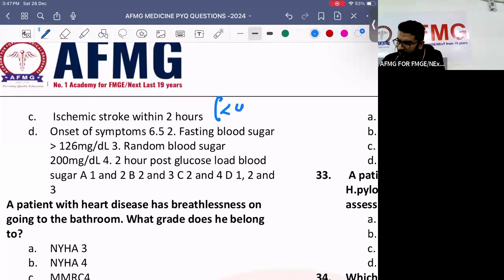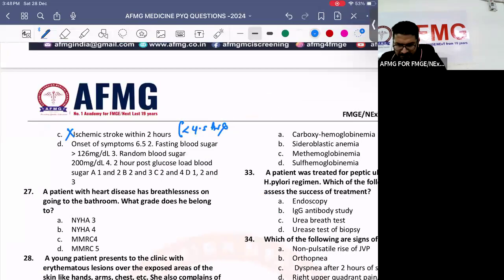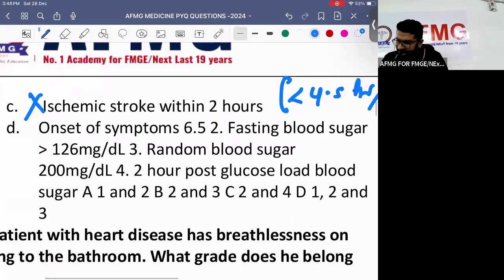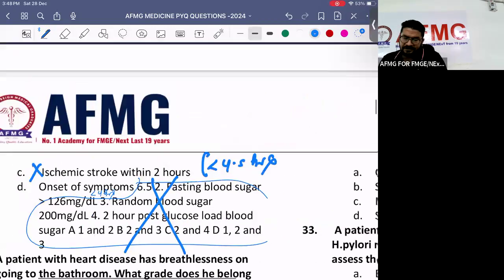Window period should be 4.5 hours. तो यहाँ पे थ्रोम्बोलाइज करेंगे, कर देंगे. ऑनसेट ऑफ सिम्टम्स, ये कुछ मिसप्रिंट हो गया यहाँ पर. तो मिसप्रिंट हियर. दिस इज क्वेश्चन नंबर 26. ऑनसेट ऑफ सिम्टम्स लेस देन 4 आ रहे हैं. और ये दूसरे क्वेश्चन के ऑप्शंस आ गए. क्लियर? तो क्वेश्चन इज thrombolysis can be considered in all the following condition except.